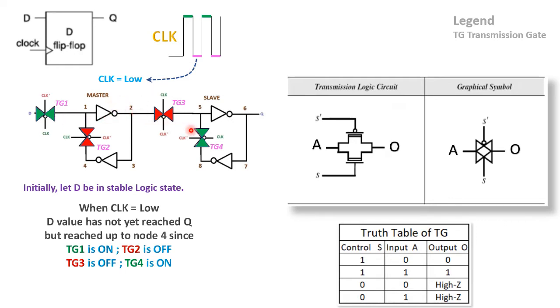And whatever the logic state of Q was earlier is retained during this clock low state. There is no influence of the logic state at 2 on the logic state at 5.